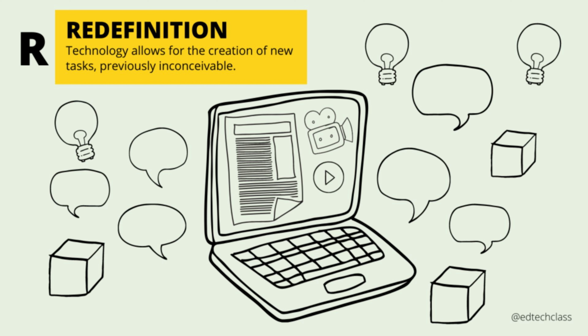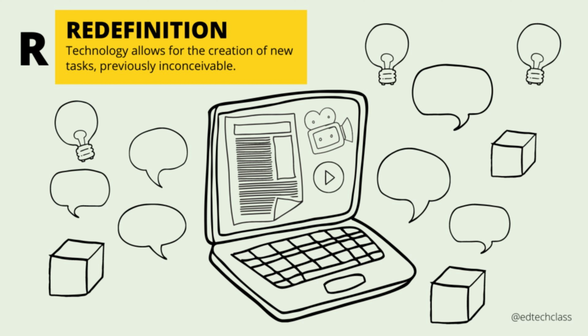It fundamentally reimagines the learning process. For example, students collaborate with peers from other countries on a virtual project using online platforms, engaging in a global learning and cultural exchange that wouldn't be possible through traditional classroom methods.